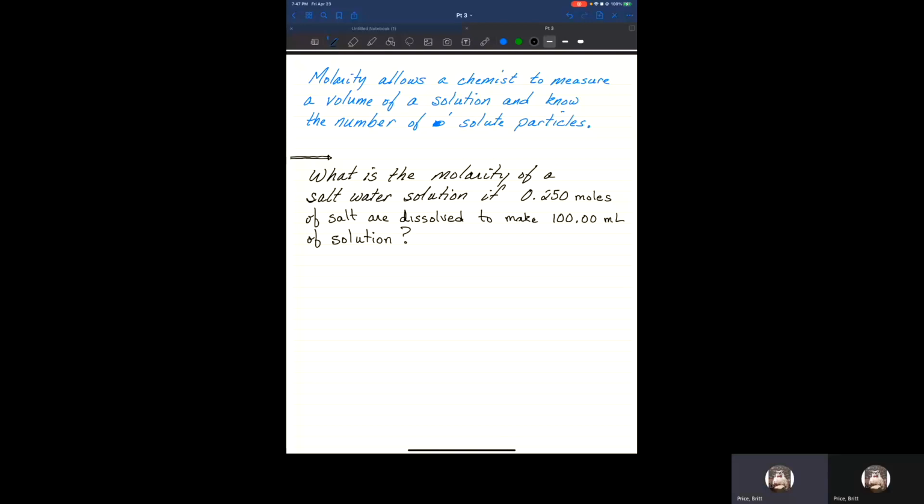Question mark. Molarity is moles solute per liter solution.